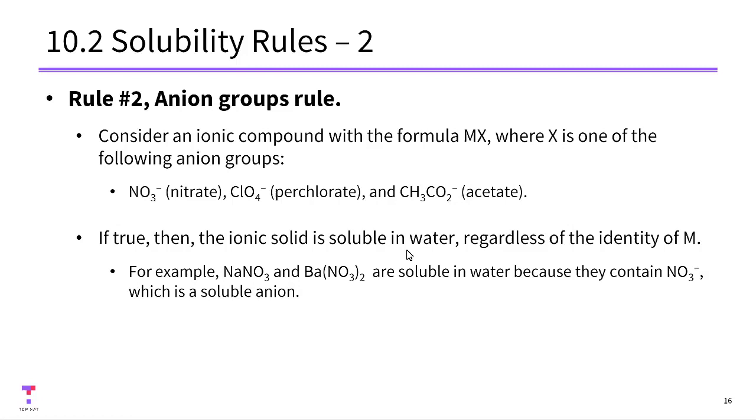These ions always dissolve in water. And again, it doesn't matter what they're paired up with. So again, think about when we interact with stuff in the laboratory. If I've got a copper solution, that copper solution is usually copper 2 nitrate. Why nitrate? Because nitrates dissolve in water.